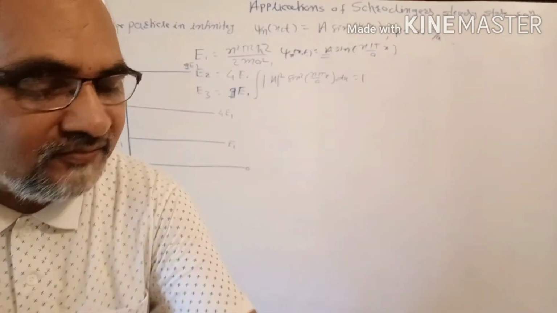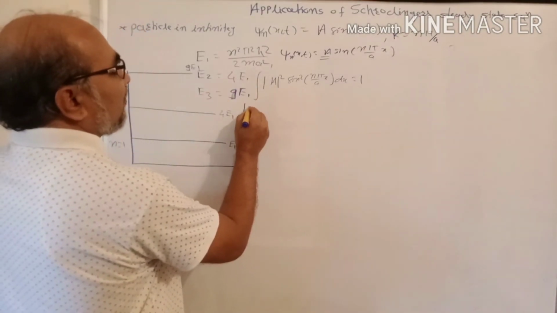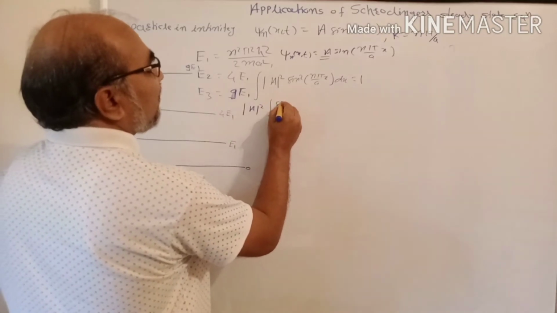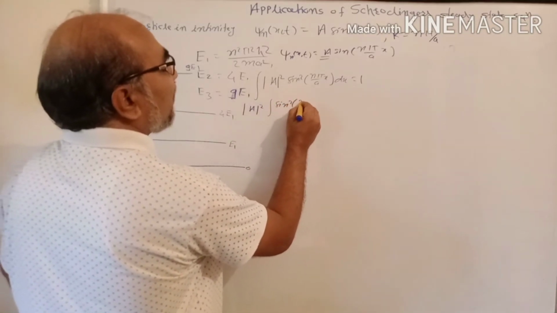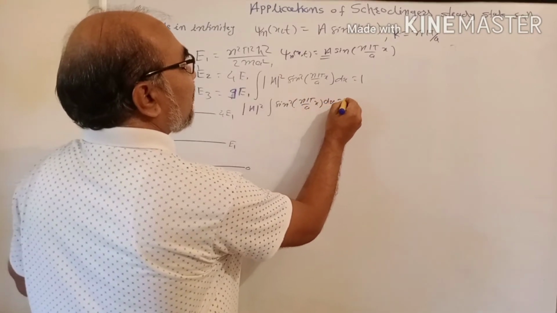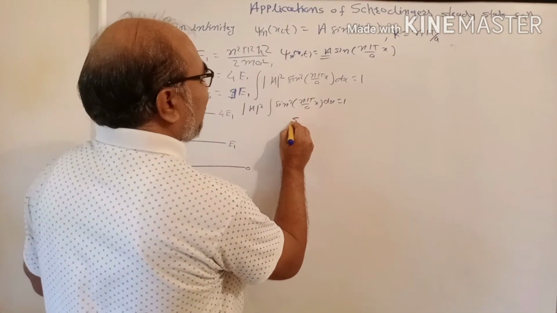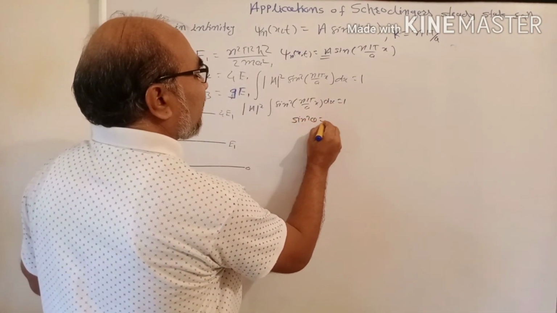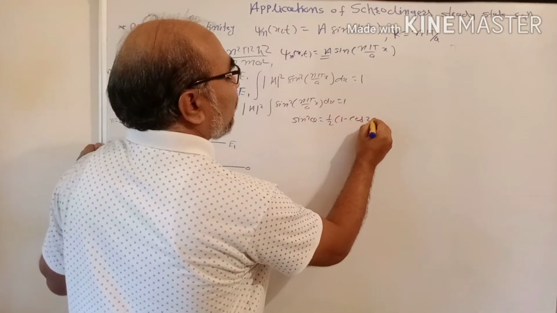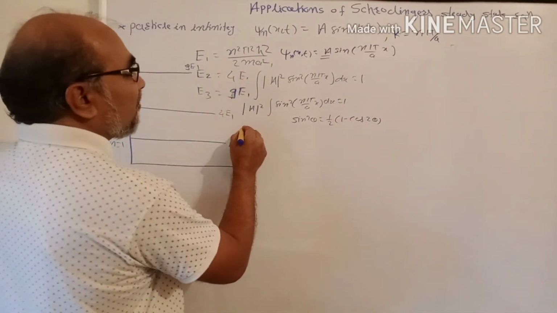Take mod A square outside, so the integration of sin square n pi by a x dx is equal to 1. The sin square formula is there: sin square theta is equal to 1 half into 1 minus cos 2 theta.